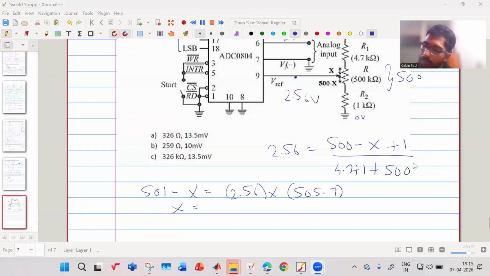So x is basically 501 minus 2.56 into 505.7.